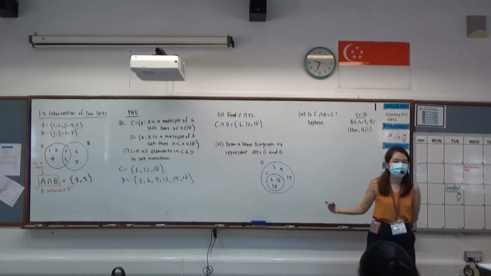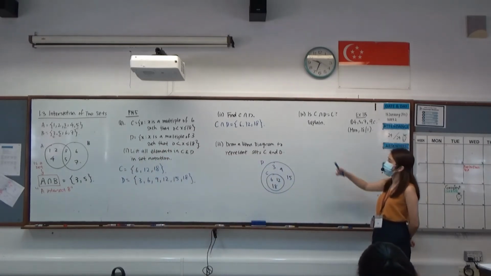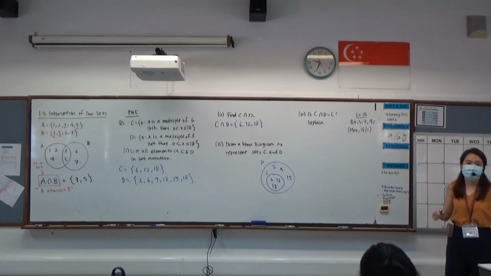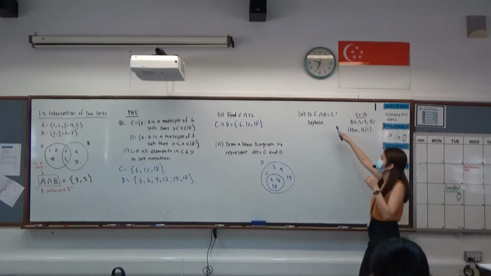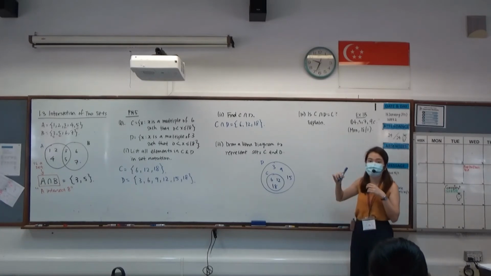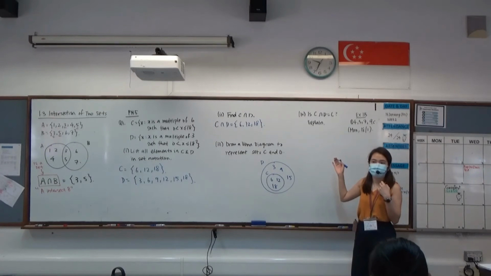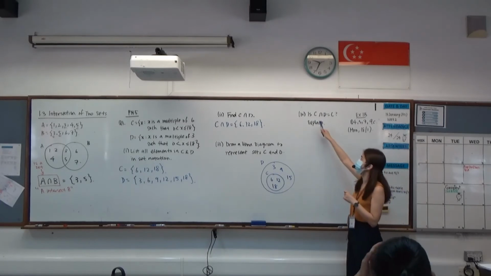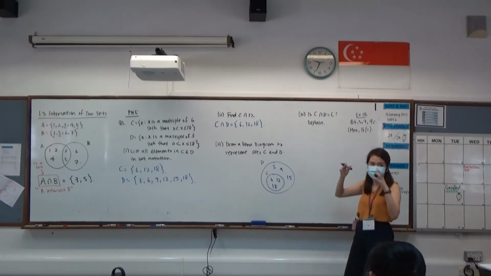Now that we have drawn out the Venn diagram, in part 4, is C intersect D equal to C? Yes or no? Who will say yes, that C intersect D is equal to C? Who says no? How about you guys? What do you think? The question is asking, is C intersect D a set itself?